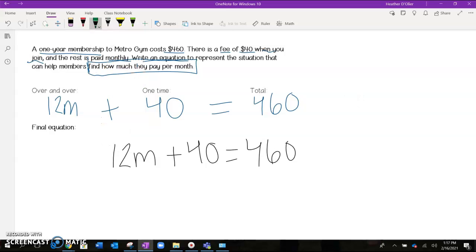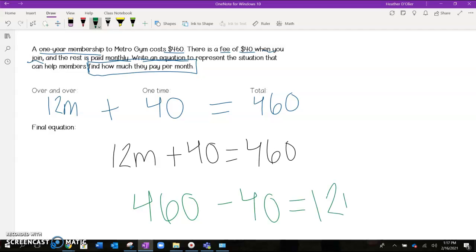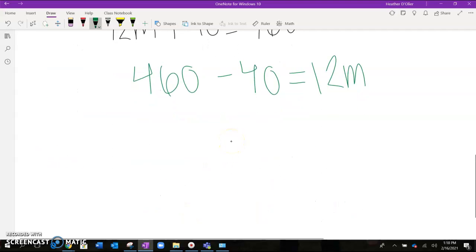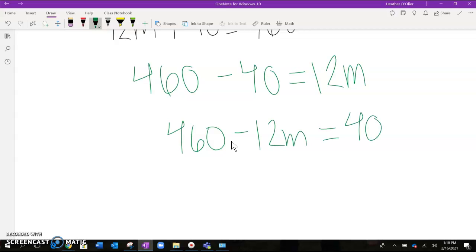I could also write this equation as the 460 minus the $40 would give me the 12m, how much I'm paying each month, or the 460 minus the 12 monthly payments equals 40.